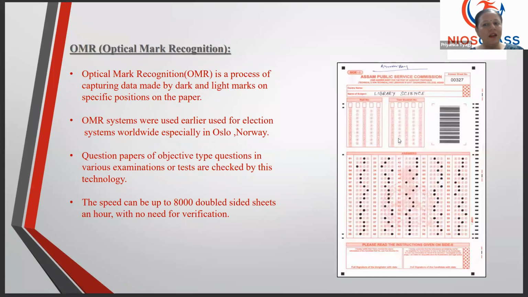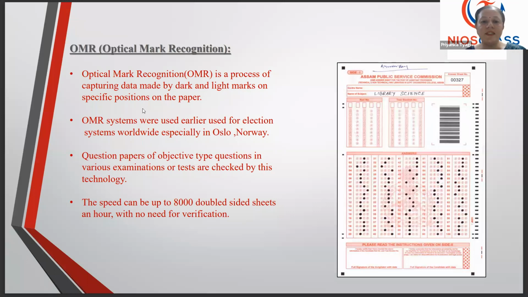These are the papers used in entrance tests, where we have to opt for answers in objective papers, right? So OMR is an optical mark recognition machine. This kind of machine senses only dark and light circles, marks only dark and light circles.